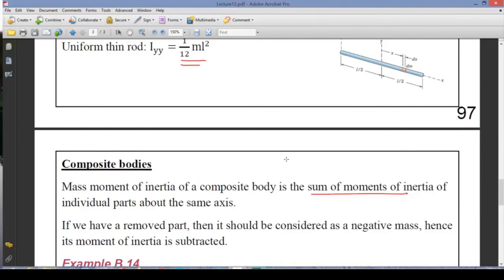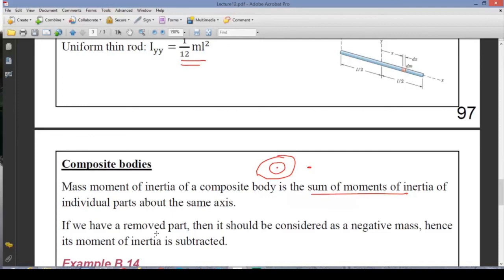So if you're going to sum up for this circular thing, then you need to use the same axis. You can use a different axis around here. So choose the axis and then sum the bodies' mass moments of inertia, and then you will end up with the total mass moment of inertia of that composite rigid body.